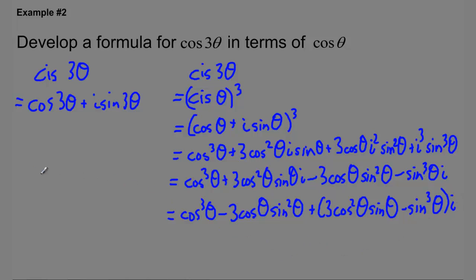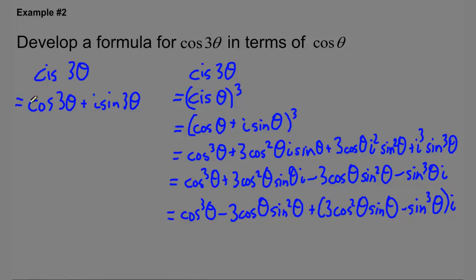Now, isn't that very nice? But how does that help us in our question? Well, I'm just going to highlight this part here is cis of 3 theta, and this is also cis of 3 theta. So these should be equal. Cosine of 3 theta plus i sine of 3 theta should equal this whole part here.